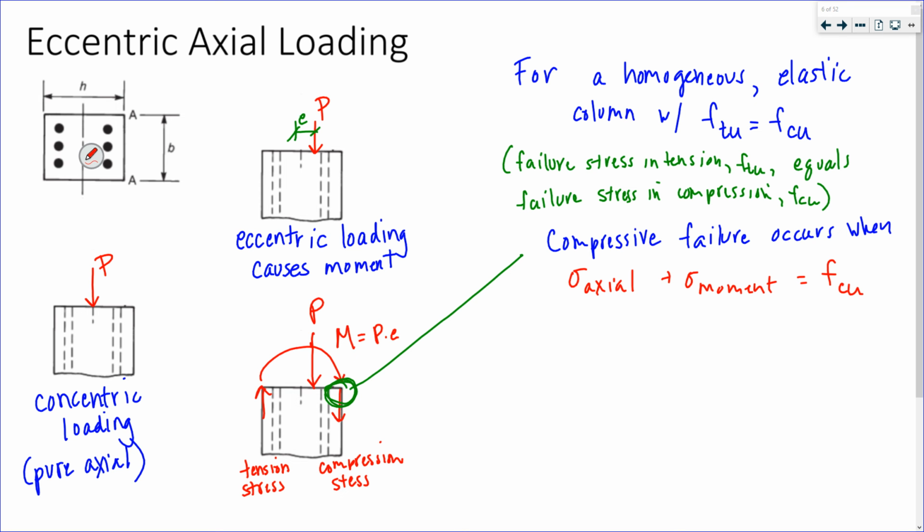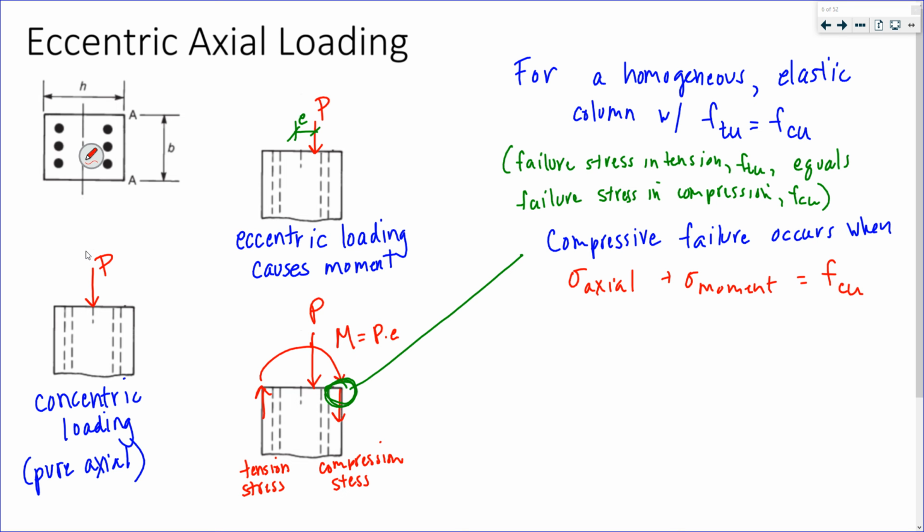If I have an axial load stress and a compressive stress due to the moment, they're going to add together, right? We're going to use our superposition here. That's going to fail when it reaches the failure stress associated with compressive failure, FCO.